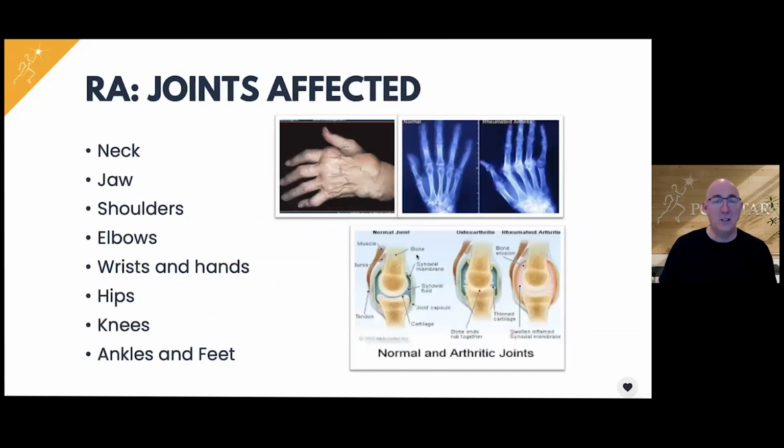So here's some examples of the nodules and the deformation that happens in the joint. You look down here in the picture of the normal and arthritic joint, you can see the synovial lining is in green and the synovial fluid is blue. So a lot of times when we go to the doctor, the orthopedic surgeon, and they want to drain our knee, if it comes out really clear, it's often synovial fluid.